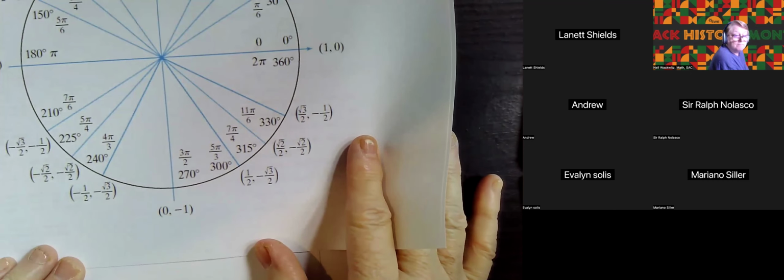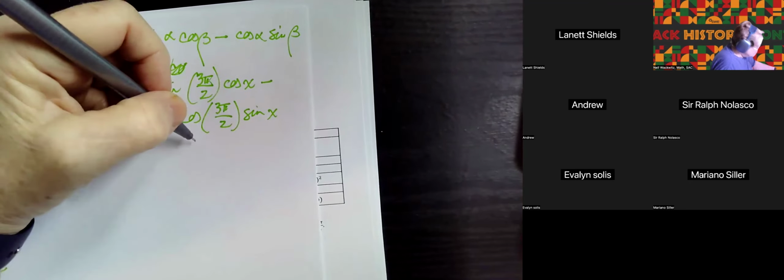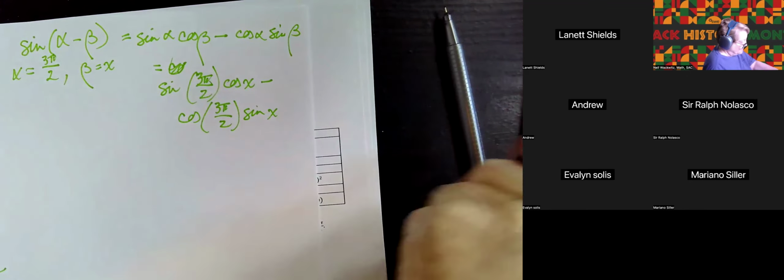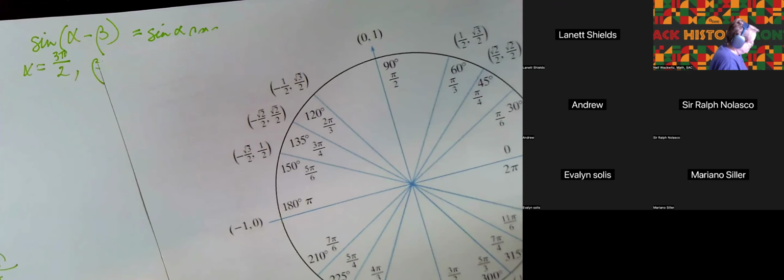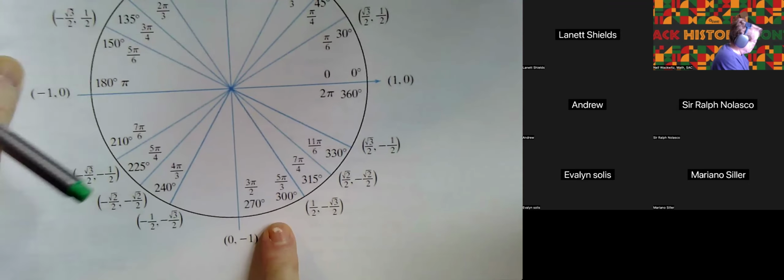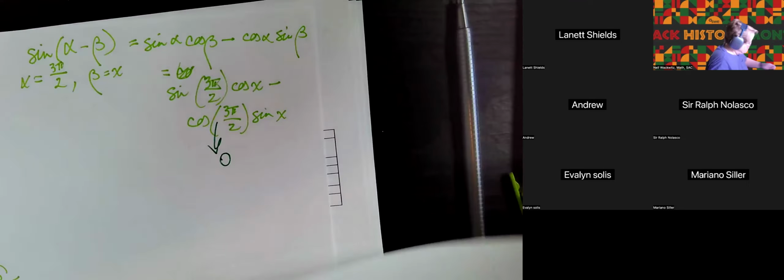Cosine goes with x, sine goes with y. Very good. So the cosine of 3 pi over 2 is 0. And the sine of 3 pi over 2 is -1.